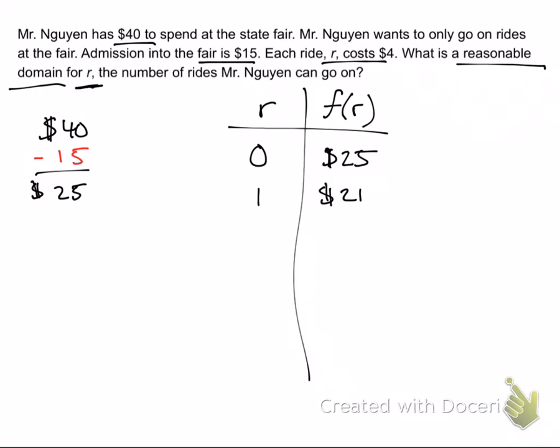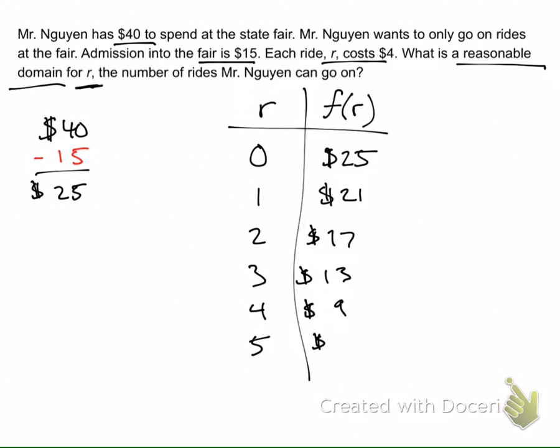That's possible. I could want to go on one ride. So I'll take away 4, I've got $21. 2 rides. Well, take away 4 again, 17. 3 rides, right? I can go 3 if I wanted. That'd be, all right, take away 4, 13, right? And then I can go on another ride. Well, 4 rides. All right, I'll be left with $9. I can go on 5 rides, sure.